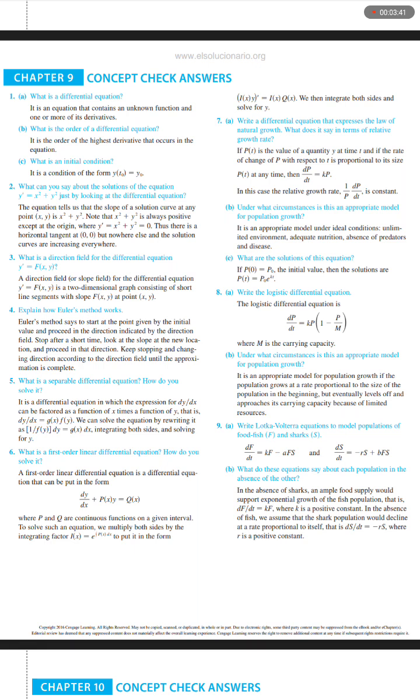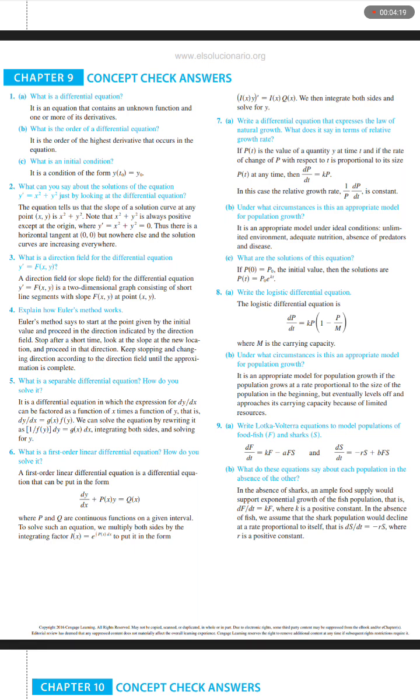Number 6. What is a first order linear differential equation? How do you solve it? A first order linear differential equation is a differential equation that can be put in the form dy/dx + P(x)y = Q(x), where P and Q are continuous functions on a given interval.